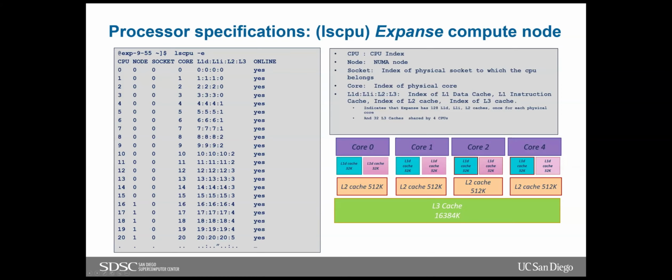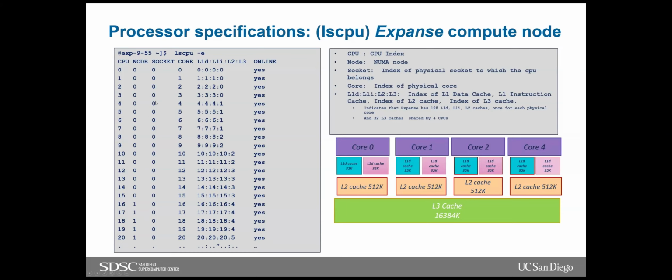The first column is CPU, the CPU index, because it's actually an index of the thread of execution. On Expanse, we have 128, right? What I'm showing you is just the top 20 of them, but if you saw the full output, it would show 1 through 128. The second column, node, indicates what NUMA node it is. As mentioned, there's 8 NUMA nodes, so each node will have 16, I believe.